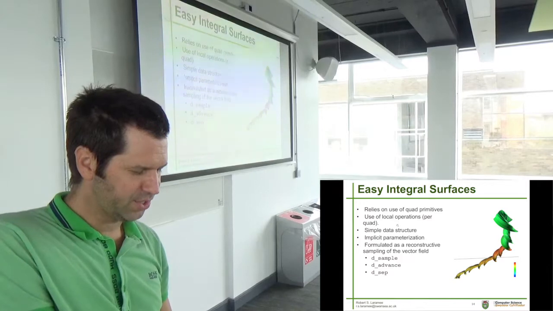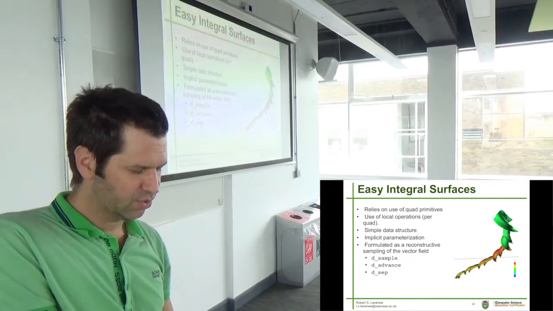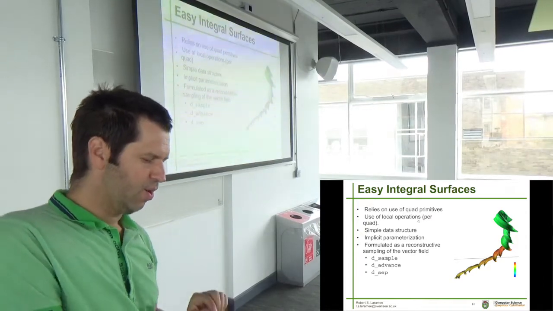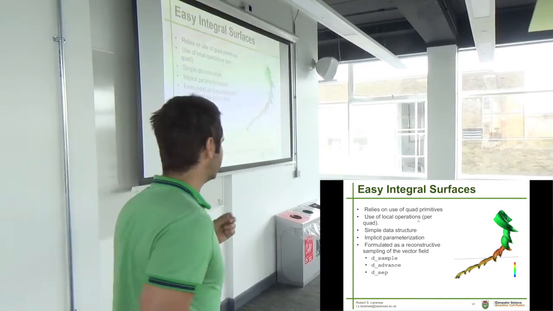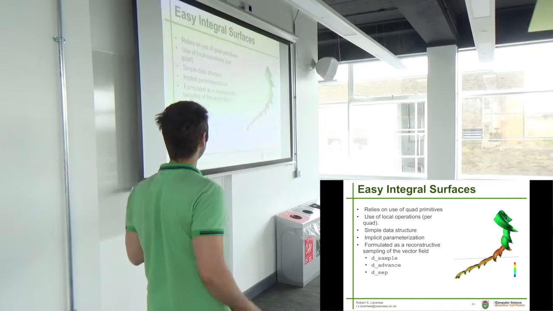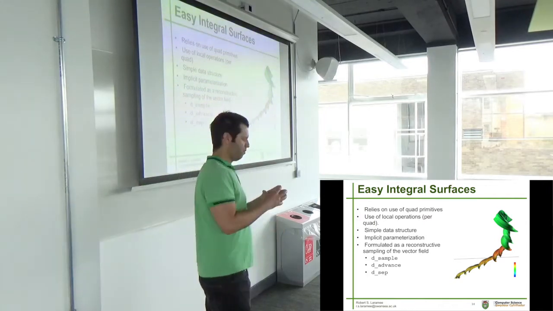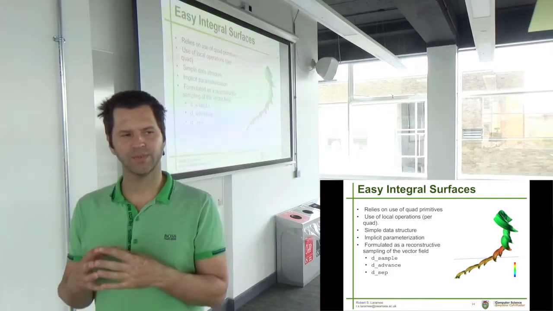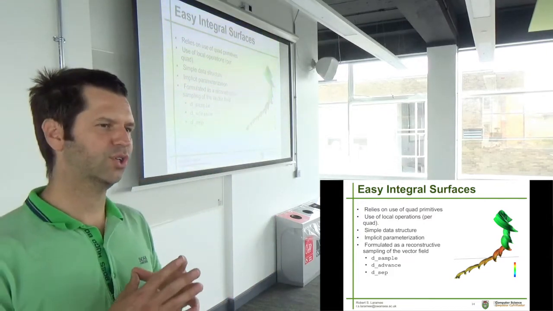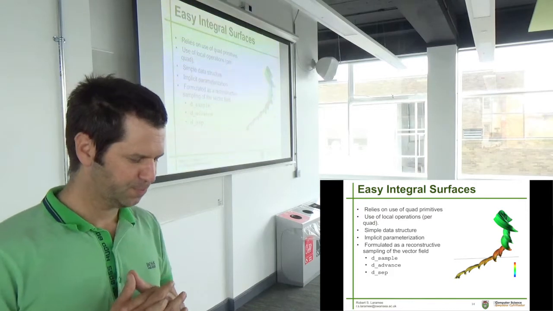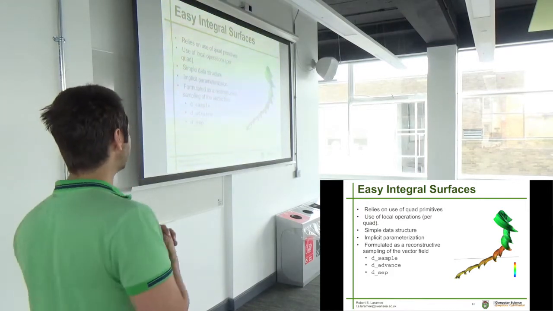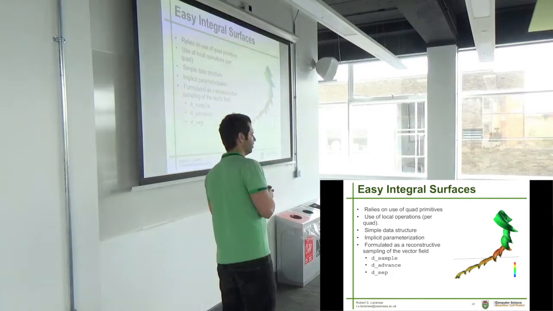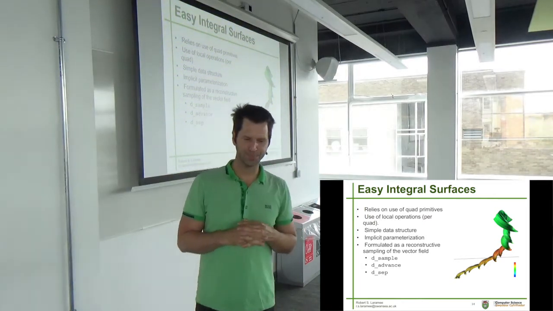So the properties: it uses quad primitives as opposed to triangles. All of the algorithmic operations operate on a per quad basis, very analogous to the marching cubes algorithm, which is also on a per cube basis. The data structures we use are simple. The parameterization of the surface is simple.